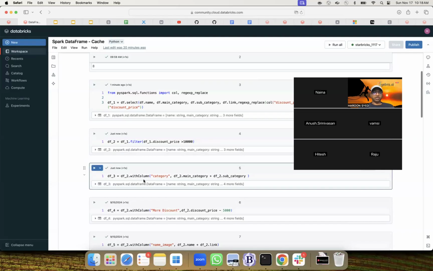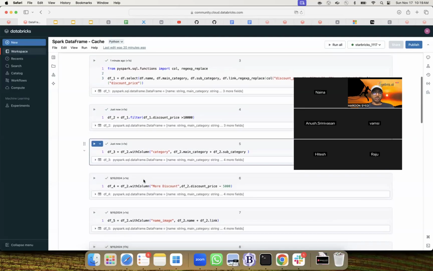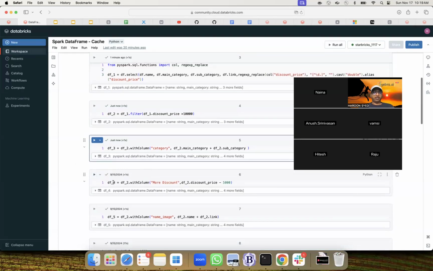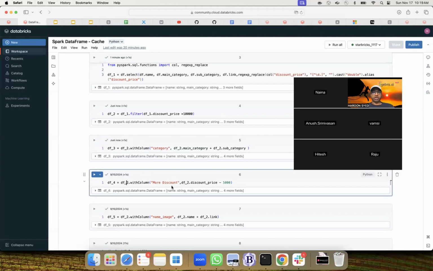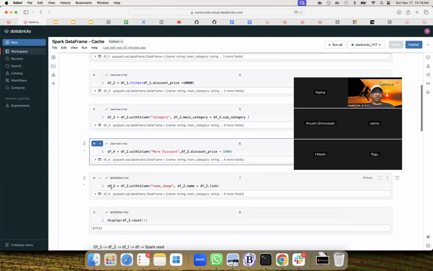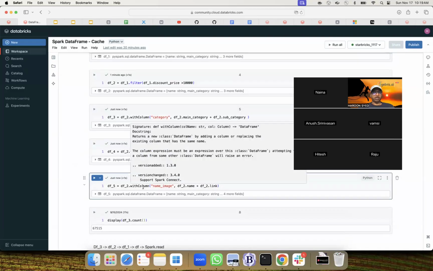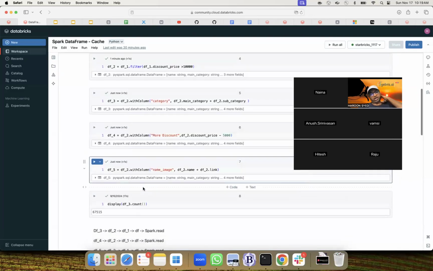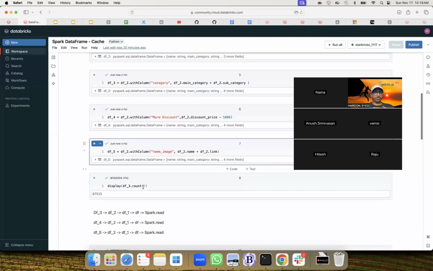Again, transformations, no processing. Creating another data frame df4 dependent on df2, reducing the discount price. Still no processing. df5, again df2 with column image, I'm just combining both name and link here. Again, there is no execution.